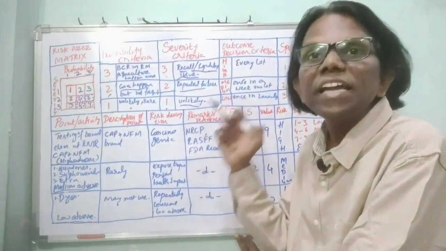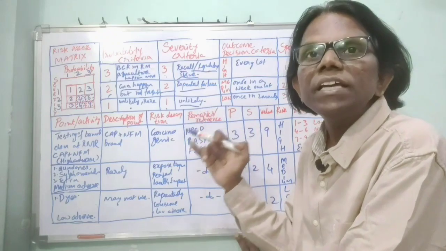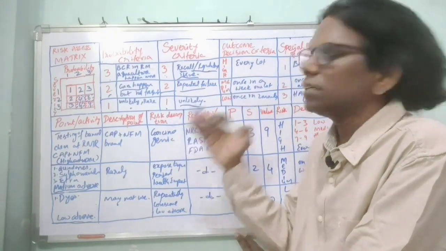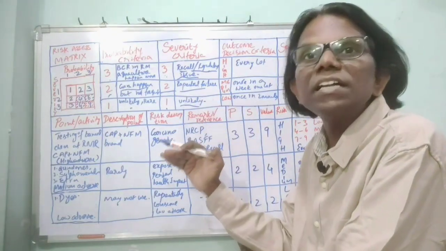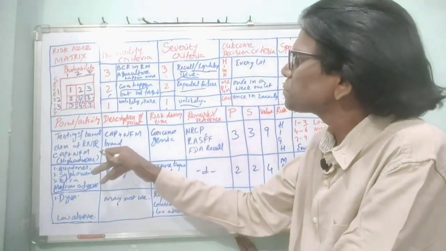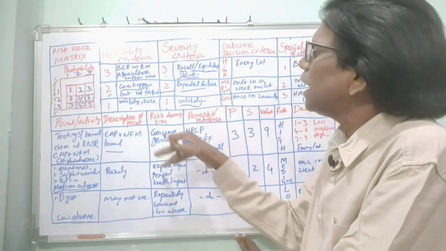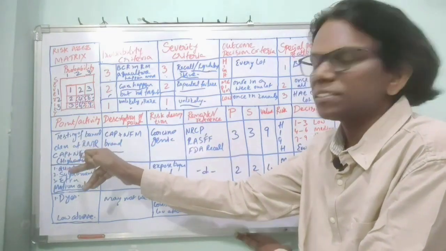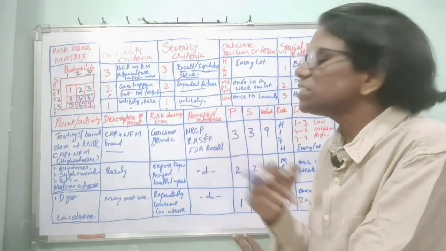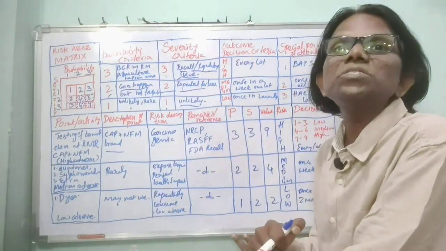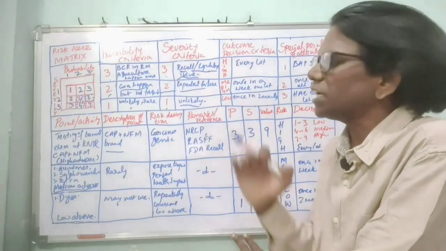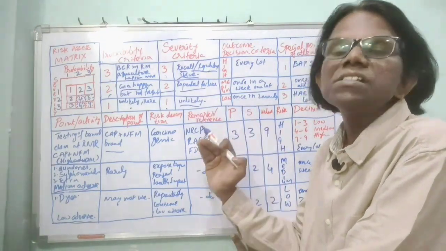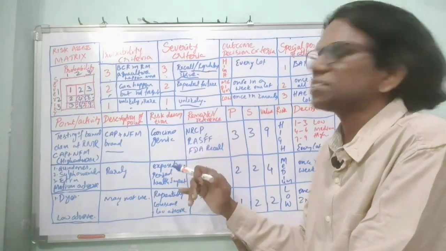So the farmer may administer them during farming to increase the survivability or to minimize the mortality of shrimps. This is the description of the point. Risk description of chloramphenicol and nitrofuran metabolites means these chemicals are highly carcinogenic. These two antibiotics, nitrofuran metabolites and CAP, are highly carcinogenic, which can cause leukemia, blood cancer.